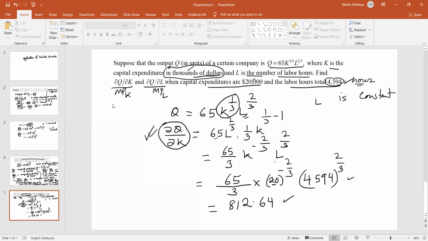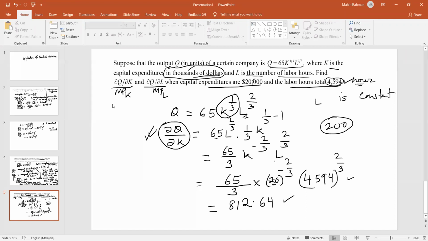So you put 20 as the capital expenditure, but it is 20,000, while you put the whole figure as hours because it is the number of labor hours. If the expenditure is 200,000, we have to take 200.